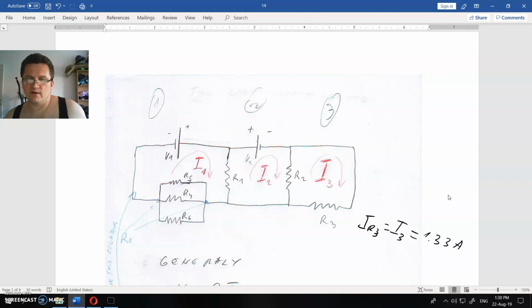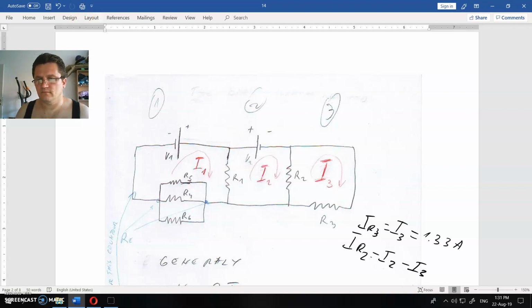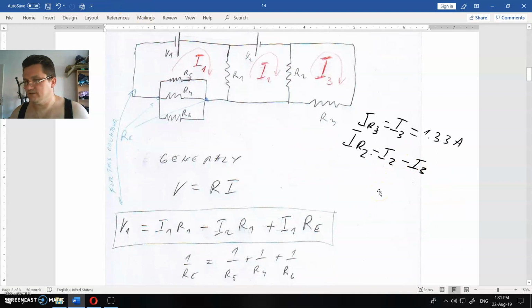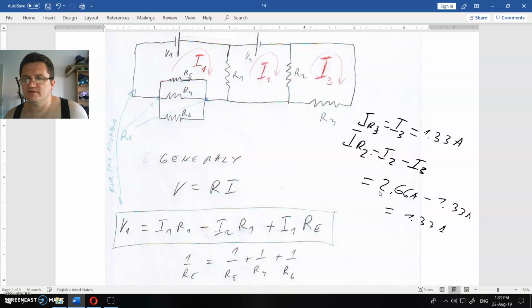Now, the current through the second resistance, ER2, is E2 minus E3. I remember 2.66 amperes minus 1.33 amperes, that is 1.33 amperes. The current through this resistance is this big.